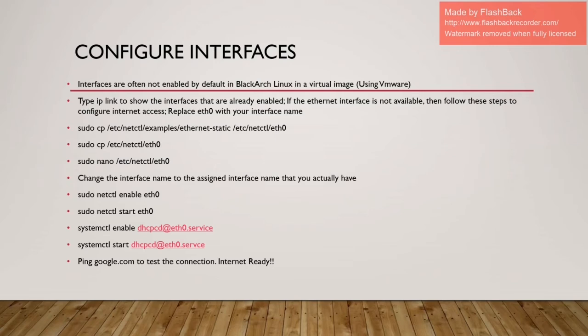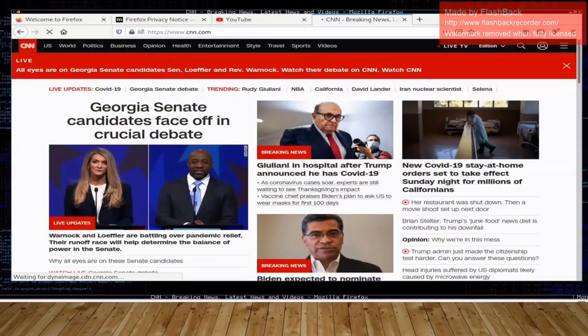So as proof of my internet access, you can see in the very bottom, I have CNN breaking news. I have Mozilla Firefox running in BlackArch Linux, and just as an example of having ready internet, the same steps that I have showed you are the same steps that I had to follow.